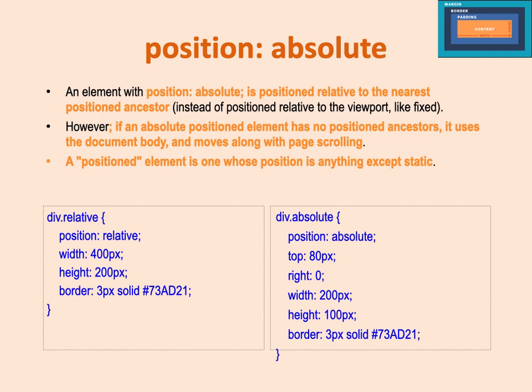So this will be positioned relative to its ancestor. For example, div.relative is specified, and after that div.absolute is specified, then relative to the positioning of the ancestor, the div.absolute will work.